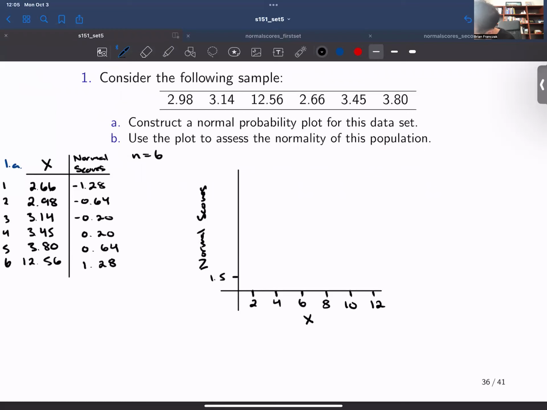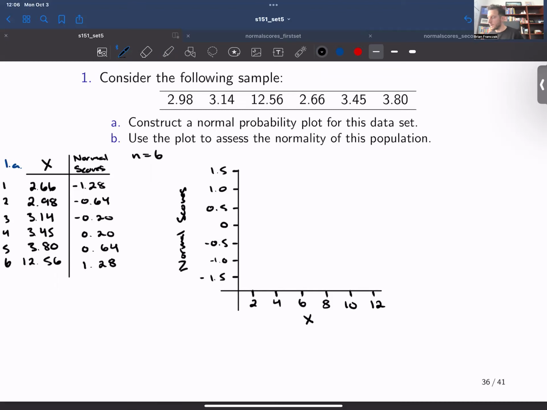So we'll have negative 1.5, negative 1.0, negative 0.5, 0, 0.5, 1.0, 1.5.